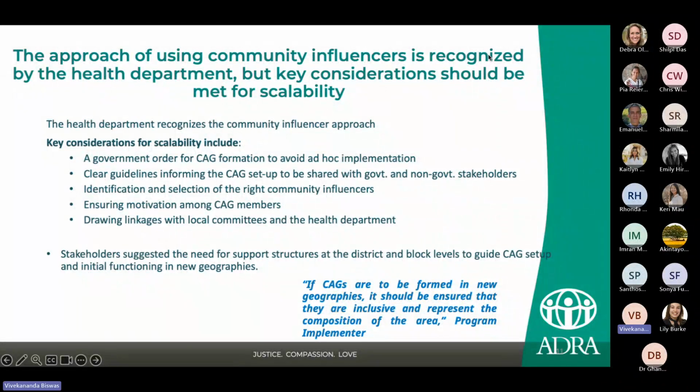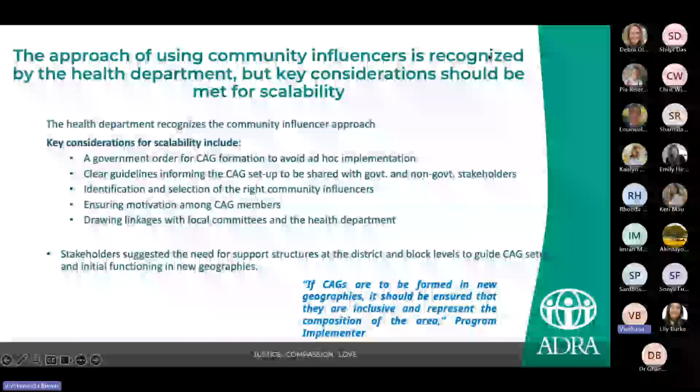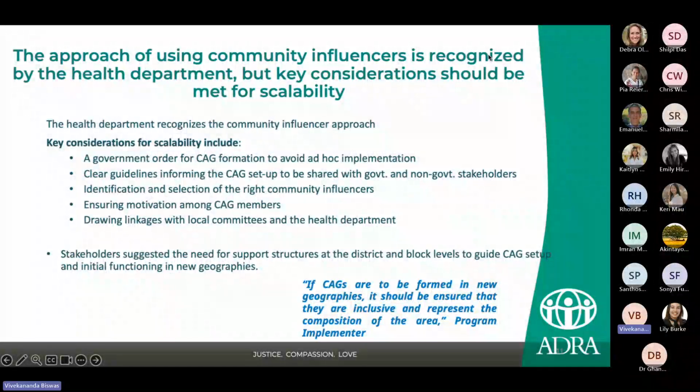And then, of course, as I said, in this project we have established a linkage between the local community and the health department. Until and unless this linkage is established, we don't feel this model would be sustainable.